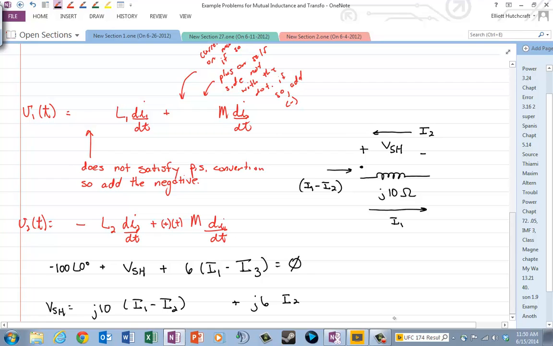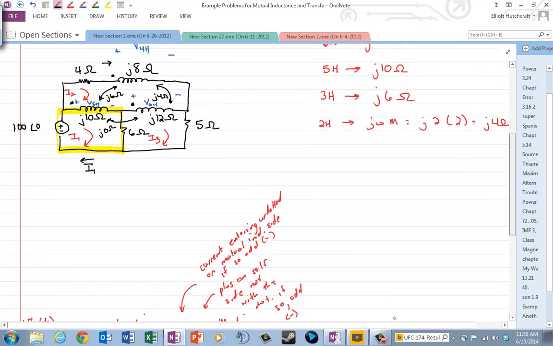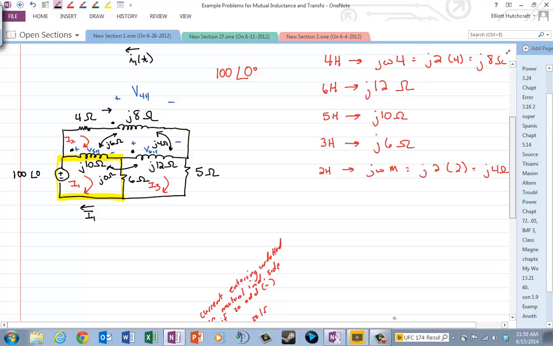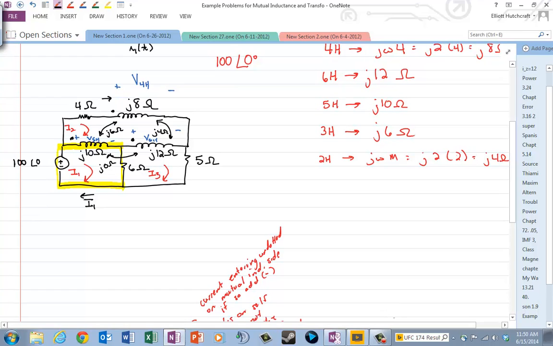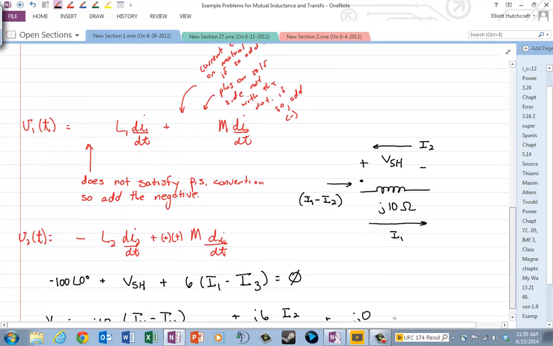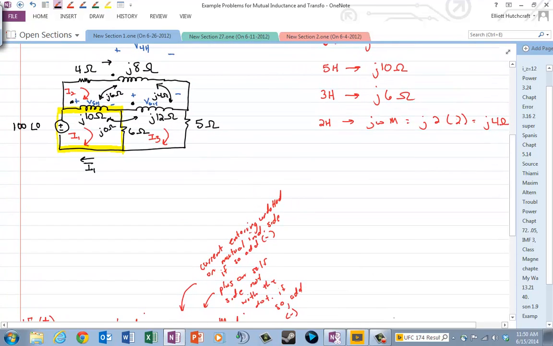Now, finally, I'm going to be a little bit stupid in some sense. We know there's a mutual inductance term between the J10 ohm inductance and the J12 ohm inductance, and it's J0 ohms. I don't need to do this one because it is J0 ohms, but I want to, just to illustrate what we would need to do. So plus J0, and what would the current be entering into the dot there?